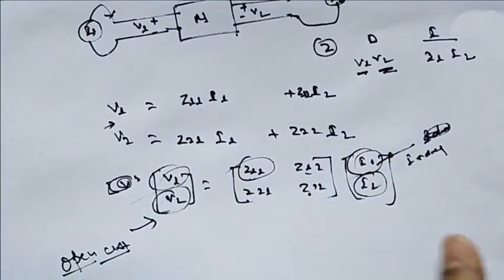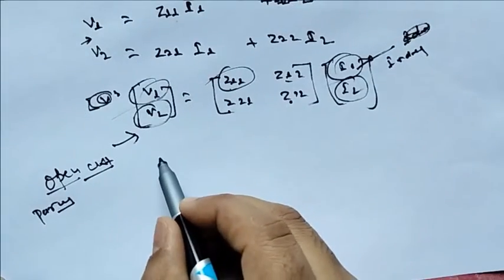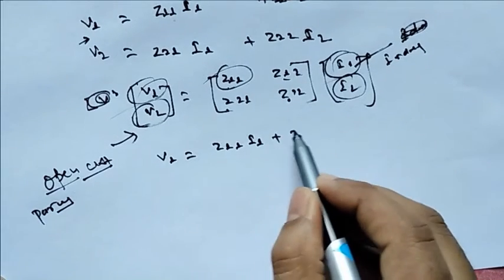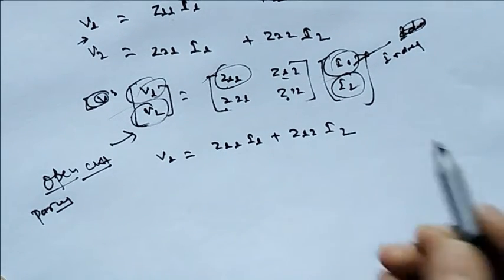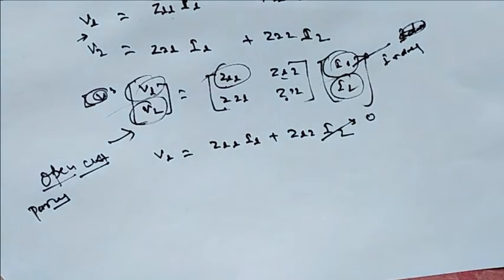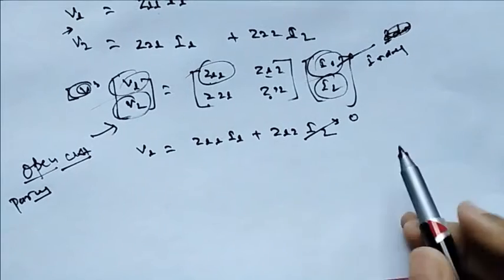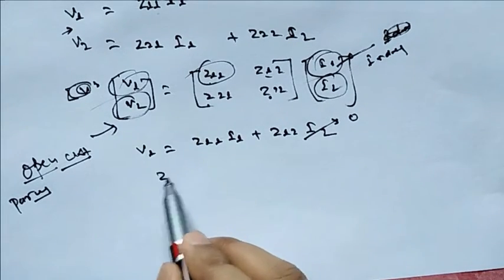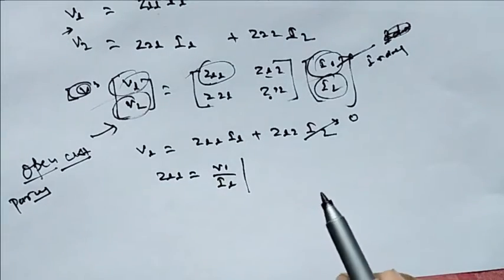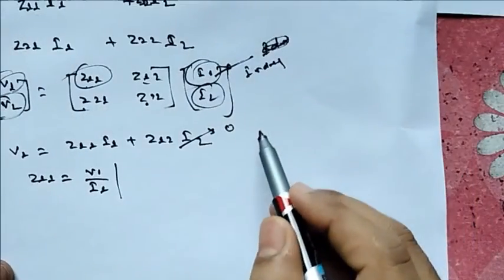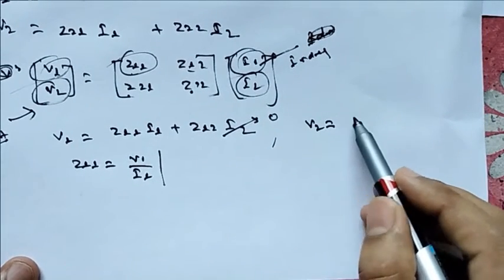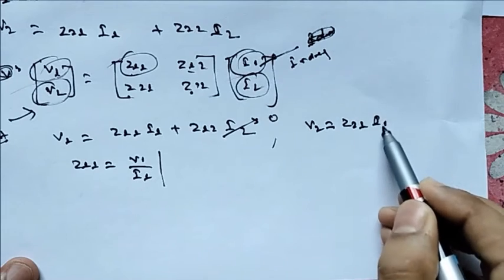Suppose we need to measure Z11. Now I am writing V1 is equal to Z11 I1 plus Z12 I2. To measure Z11, we need to make I2 equal to 0, or open circuit I2. When I2 is 0, then Z11 will be V1 by I1. Now for the second equation, V2 is Z21 I1 plus Z22 I2.